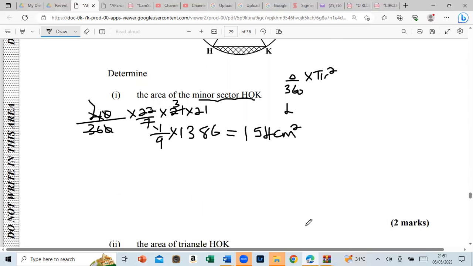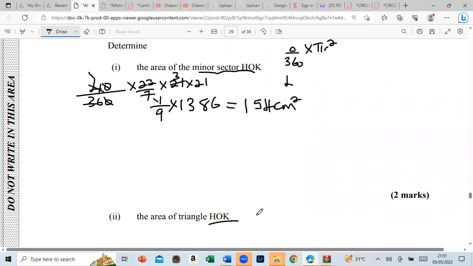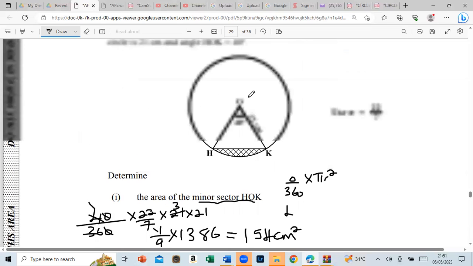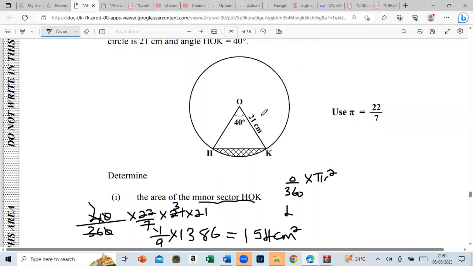The area of the triangle HOK. So we're going to use half ab sine C. Let's go back up. We can name this side a and this side b.